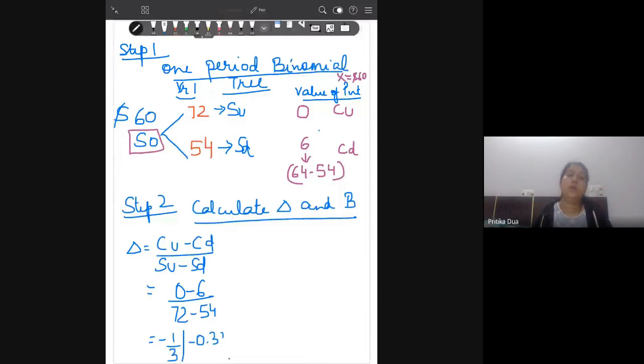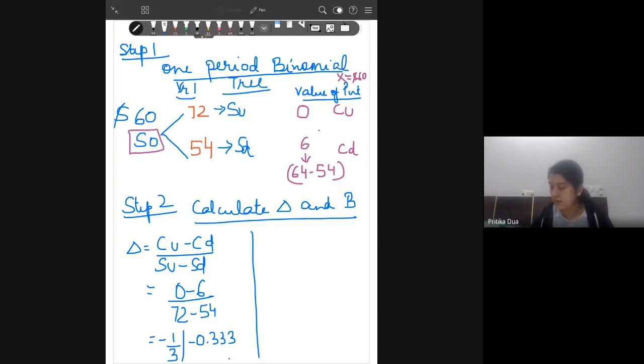Okay. Now, what does a negative value signify? It signifies that you are short on these shares. Minus means short, and if 0.33 comes positive, it means you are long on the shares, you have purchased so and so shares. Okay, then next we move.